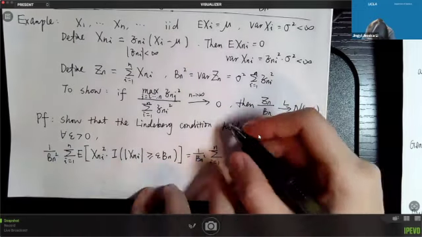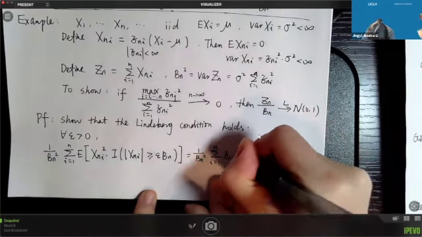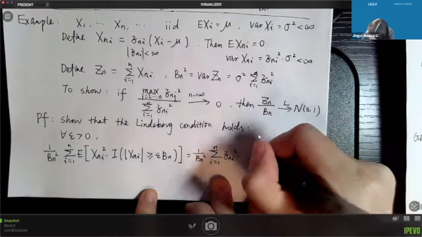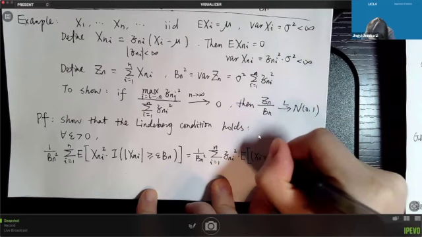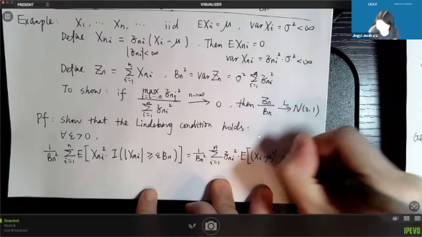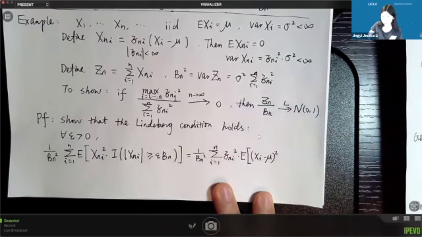So I can write it as z_ni squared times the expectation of (X_i minus mu) squared. Just a replacement. And for the indicator, I'm going to do the replacement as well.